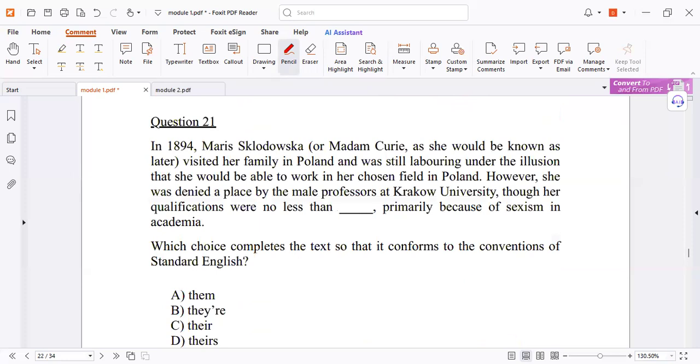21. For 21, I chose D. Letter D correct. Okay.